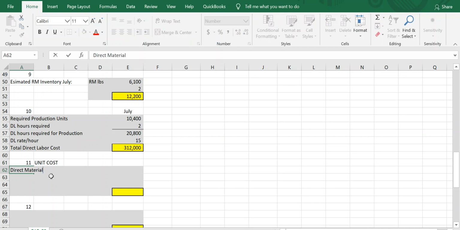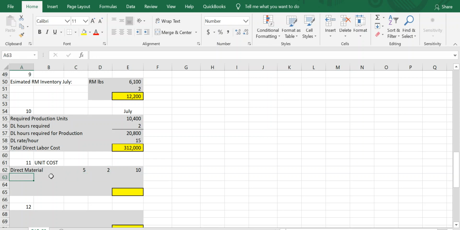We have a requirement of 5 pounds per unit and a cost of $2 a pound. So we have a cost per unit produced of $10 for the direct material. Remember, 5 pounds times $2 a pound.